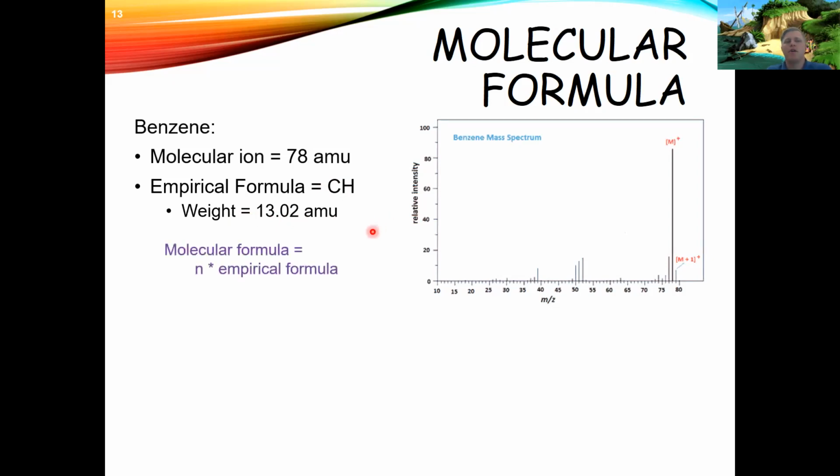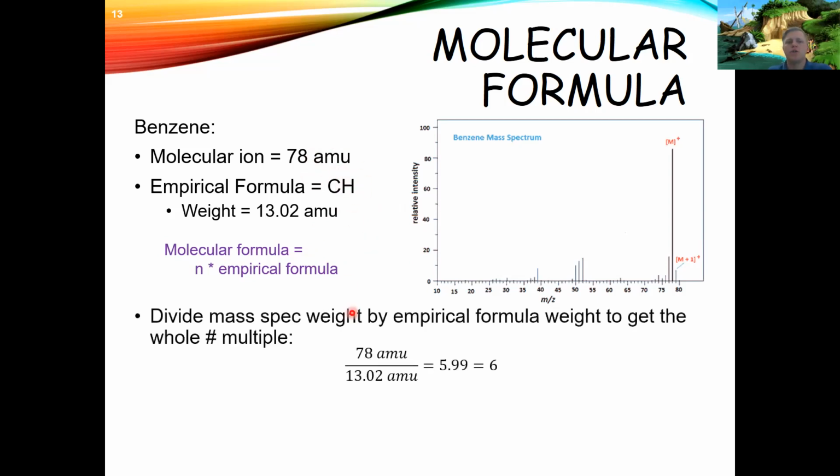And if you'll remember, our molecular formula is always going to be some whole integer value times our empirical formula. So if we're going to figure out how many times we have to multiply CH to get to the formula of benzene, we're just going to take the two masses: the mass that we found in our mass spectrometer, divided by the weight of our empirical formula.